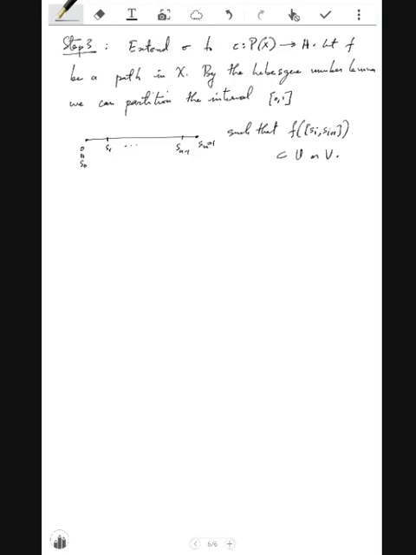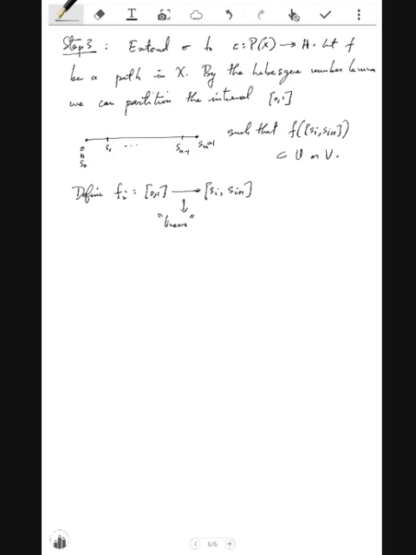So we define Fi from 0, 1 to Si, Si plus 1. This is simply, let me just say, take a linear map, or let's say affine.